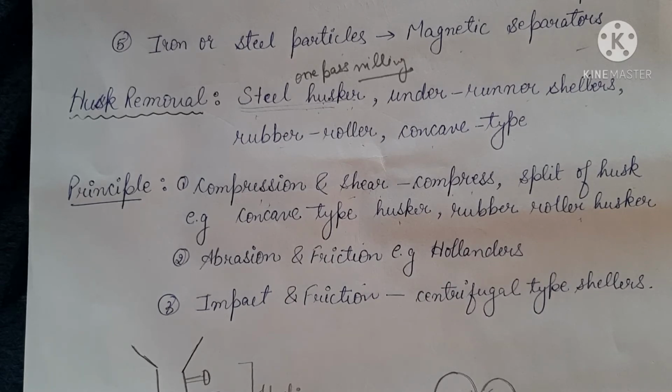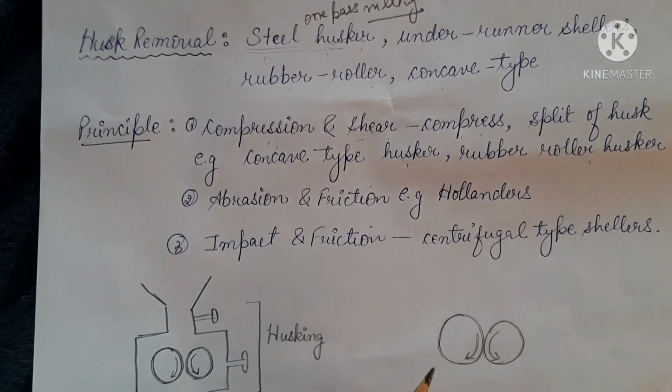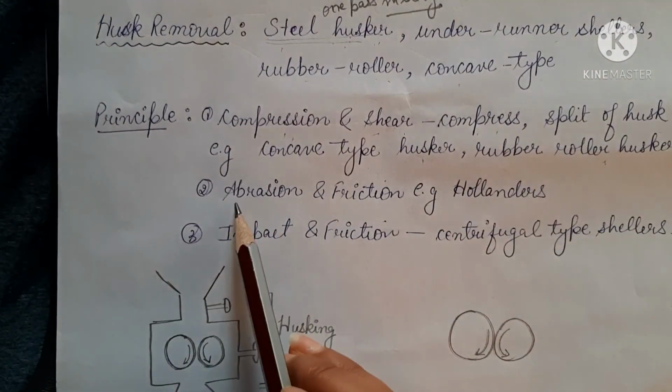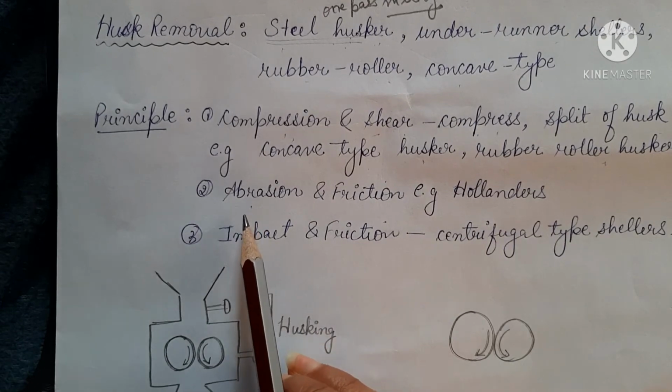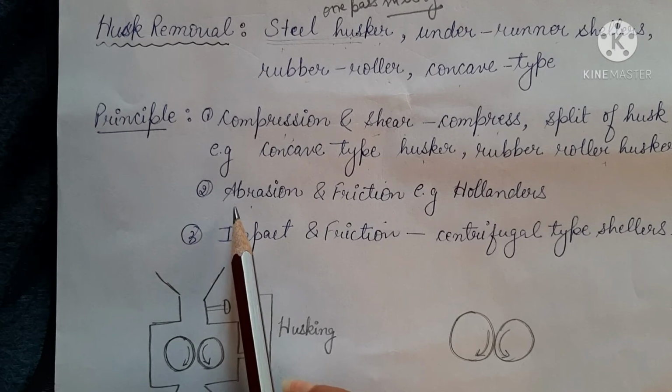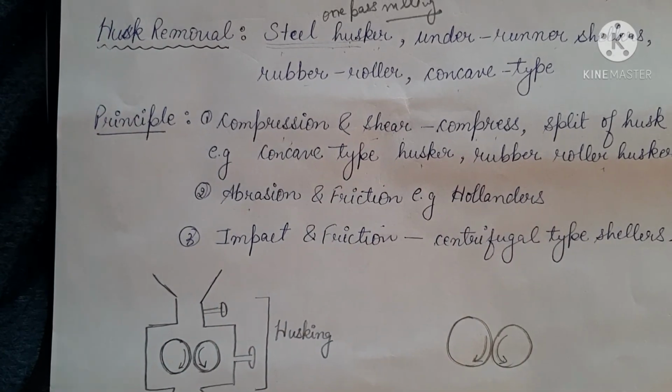The next one is abrasion and friction. Example is your Hollanders. What happens in abrasion and friction? An abrasive surface comes in contact with the rice kernels and removes the husk.